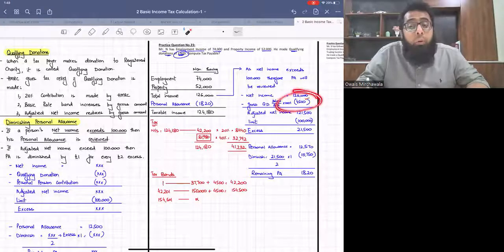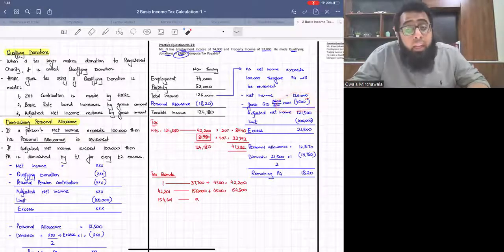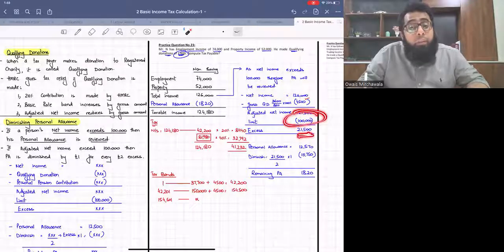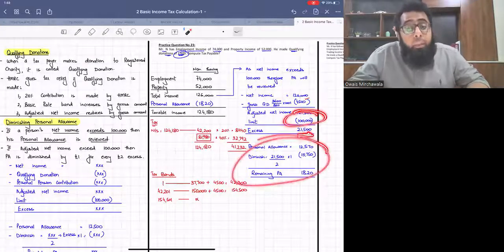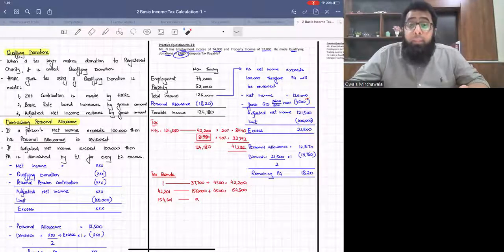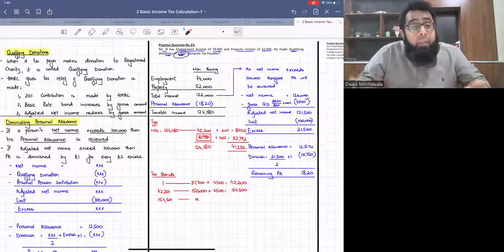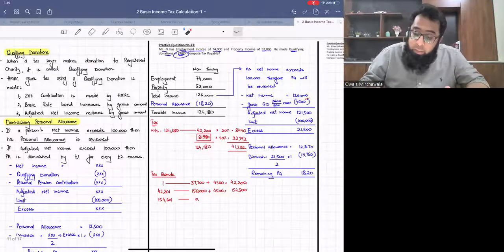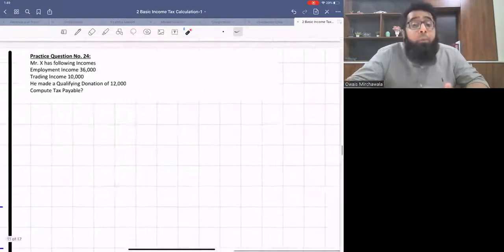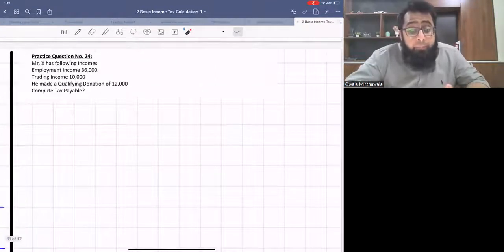Now, since there was gross qualifying donation, we got the value of ANI, adjusted net income. We compared it with the limit of 100,000, we got the excess, and we diminished the allowance. I hope that it is clear, but obviously with further practice, it will get clearer. Let's look at one more practice question so that you can have a better idea.